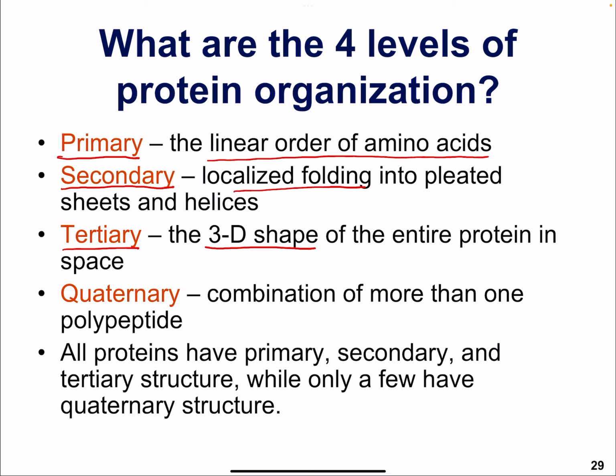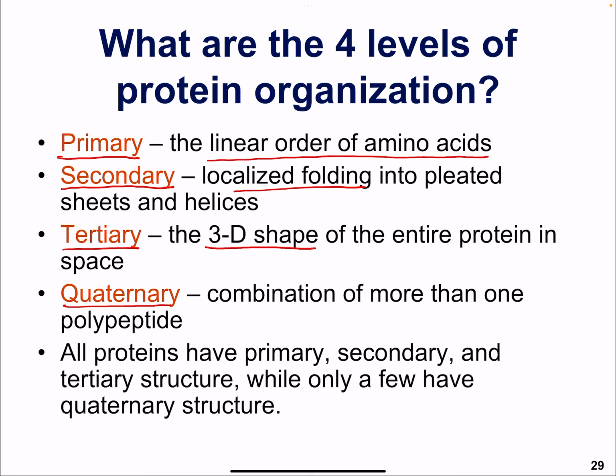In other words, regardless of the sequence of a protein, if a protein loses its 3D shape, most likely it is going to lose its function. Remember, we call this denaturation. Then you have a quaternary structure.